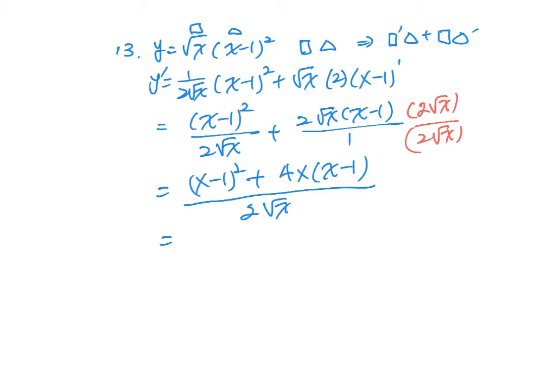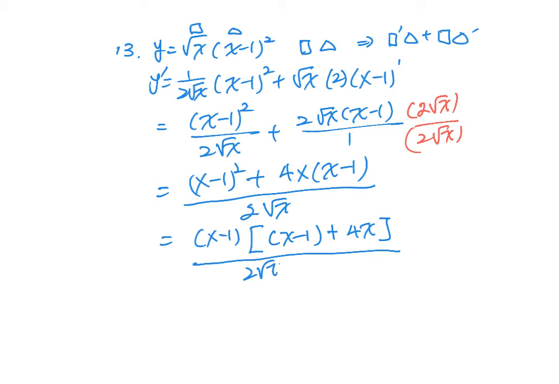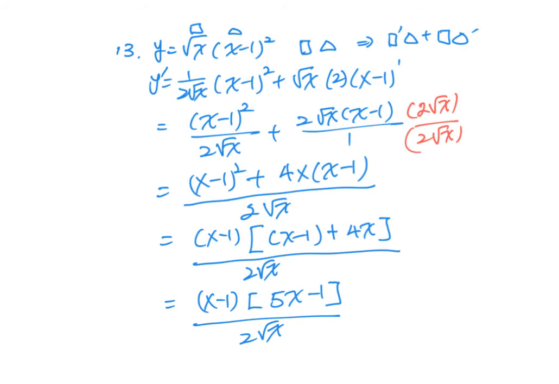Not quite there yet. Factor out the x minus 1 first. Then I have x minus 1 plus 4x. So x minus 1, that's x plus 4x, that's 5x minus 1, all over 2 root x. And I believe that's the answer.